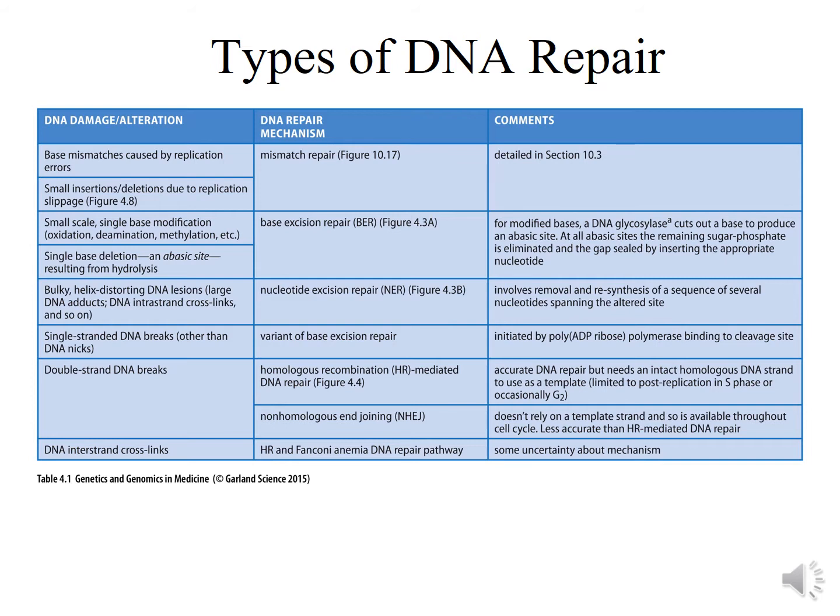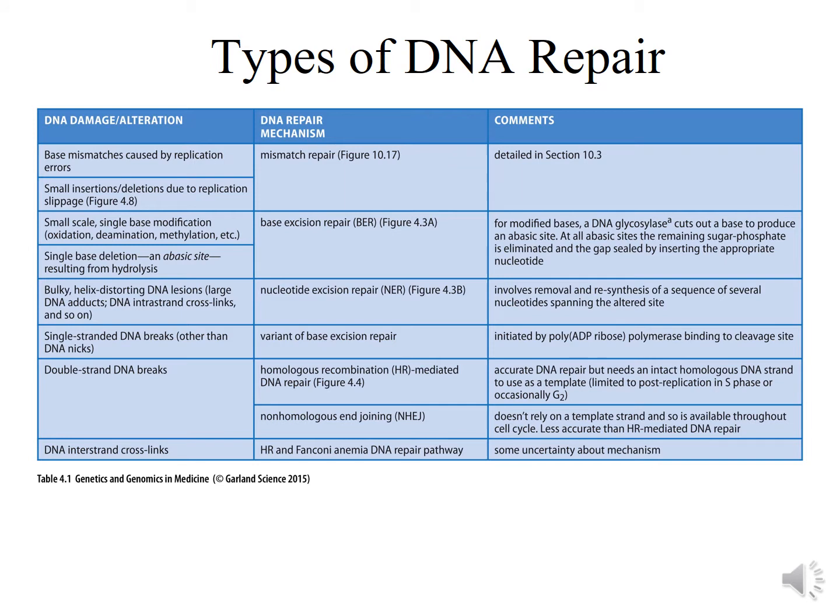If we have bulky helix-distorting DNA lesions, such as large DNA adducts or DNA interstrand cross-linking, these are repaired using the nucleotide excision repair pathway. And then, of course, we have the single-stranded DNA breaks, and these are repaired using a variation of the base excision repair pathway.